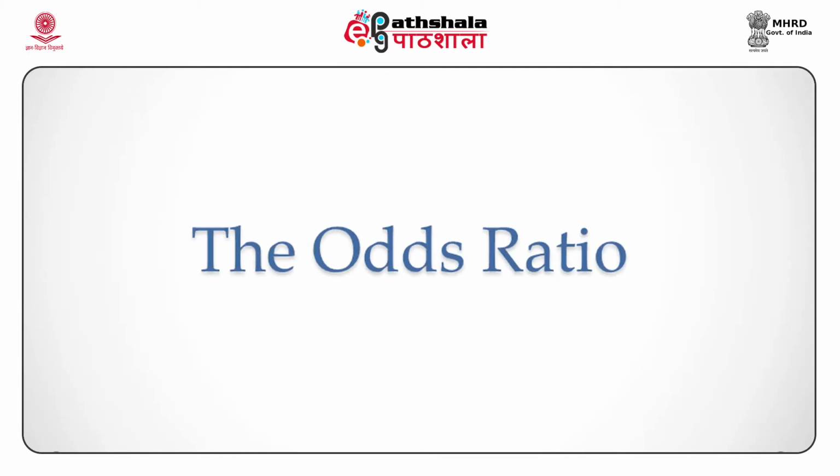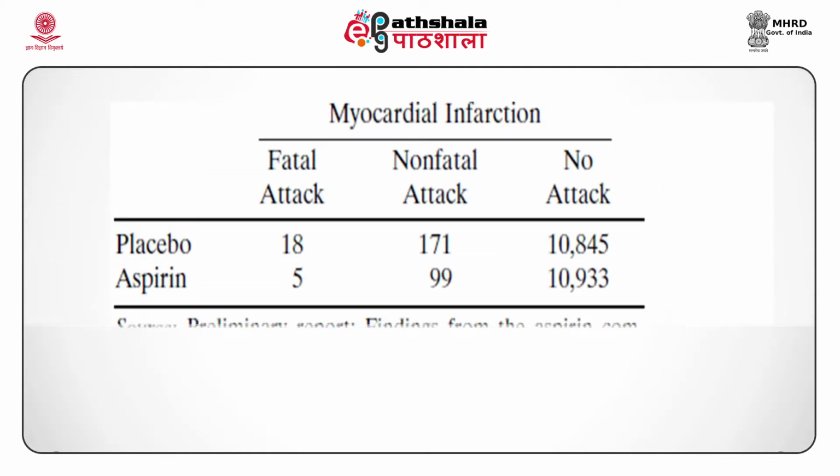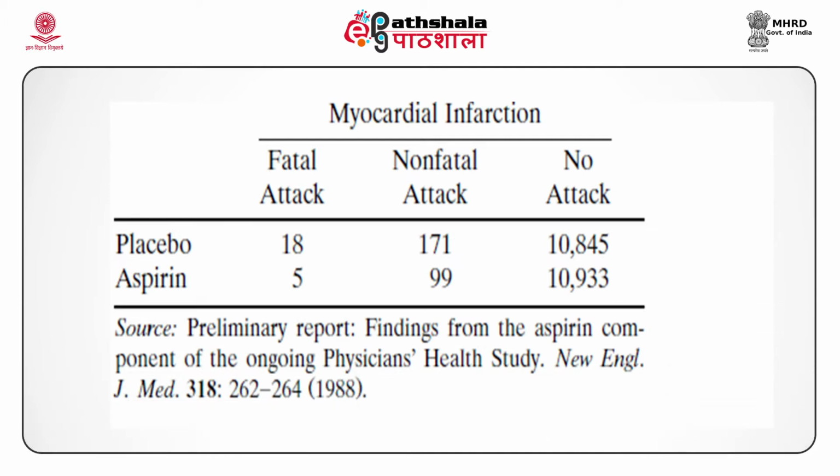The odds ratio: here is the simplest kind of table, a 2x2 table. We have patients who were randomly allocated to one of two treatments, placebo or aspirin. In each group, we observe the incidence of myocardial infarction.